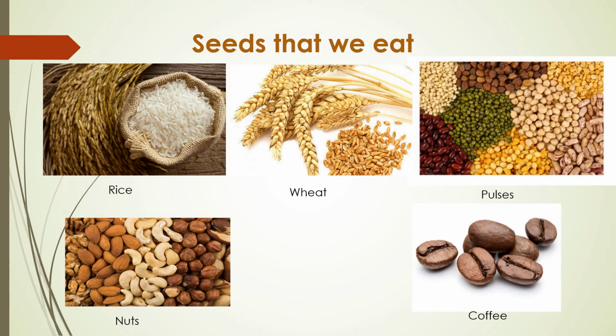These are some examples of seeds in the form of nuts which we can eat, and they contain lots of protein and vitamins. We also can eat seeds of coffee plant. These seeds are dried, they are crushed into powder, and that powdered form can be mixed in the form of coffee.